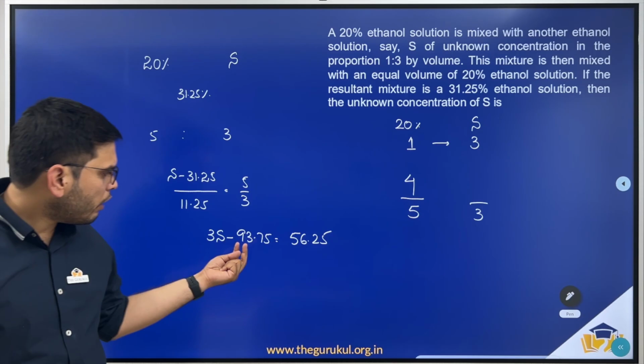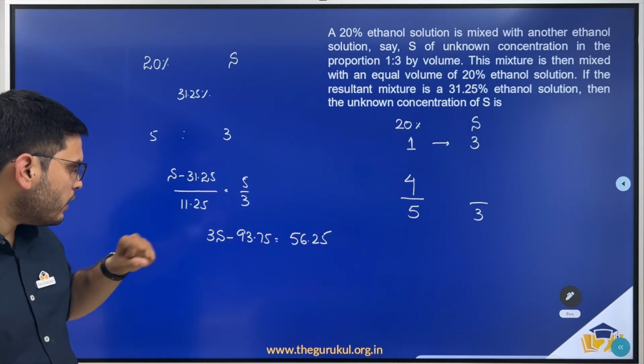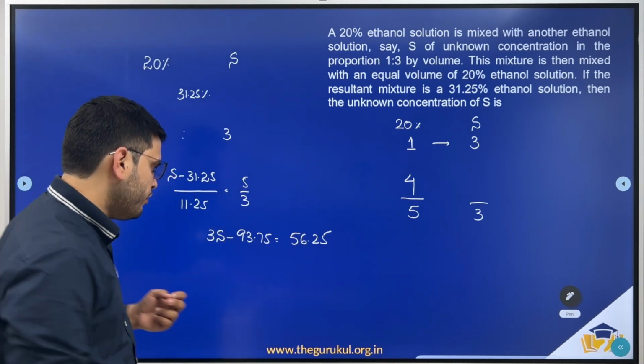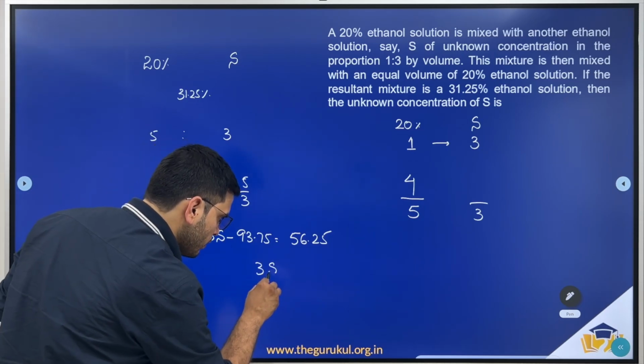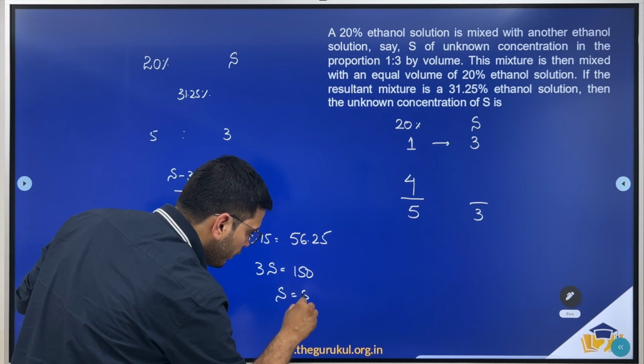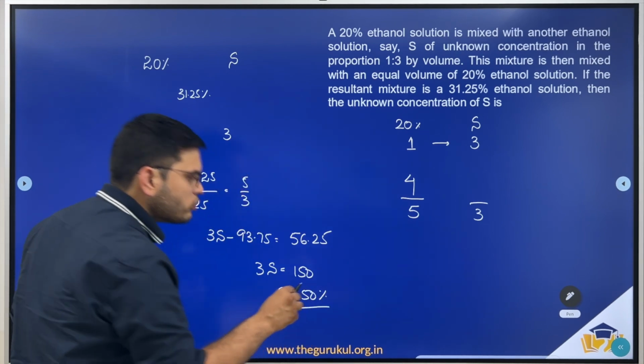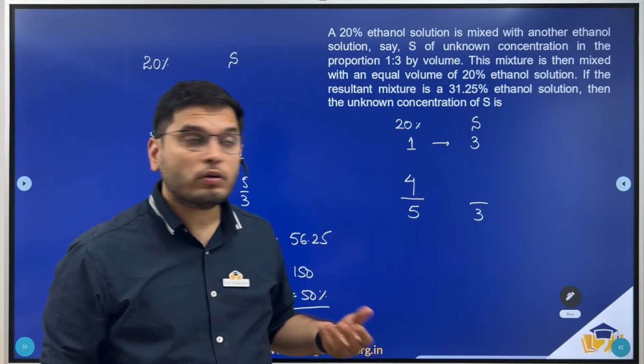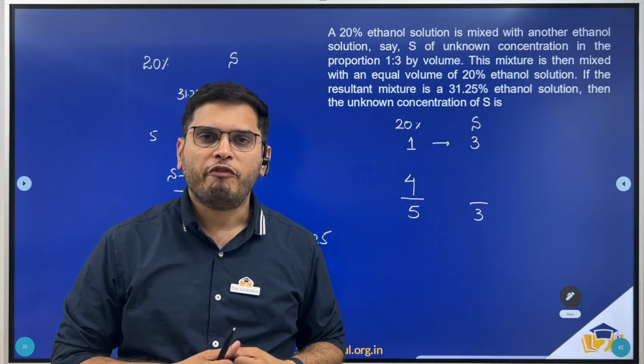Right. Now, after sending 93.75 to the right hand side, 94 plus 56, 150. So 3S is equal to 150, or S is equal to 50%. Right. So the concentration of ethanol in the unknown solution should be 50%.